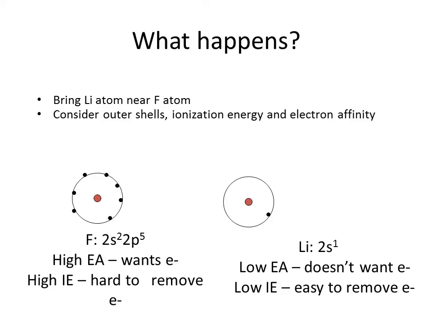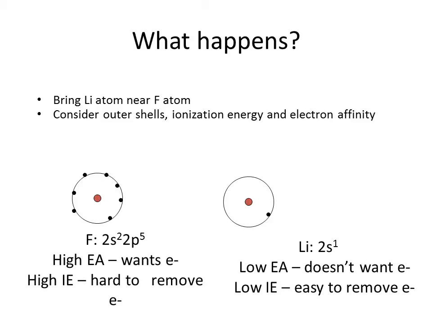On the contrary, lithium has a low ionization energy and a low electron affinity. It is very, very easy to remove electrons from it. It has a low ionization energy, and it doesn't really pull extra electrons onto itself.